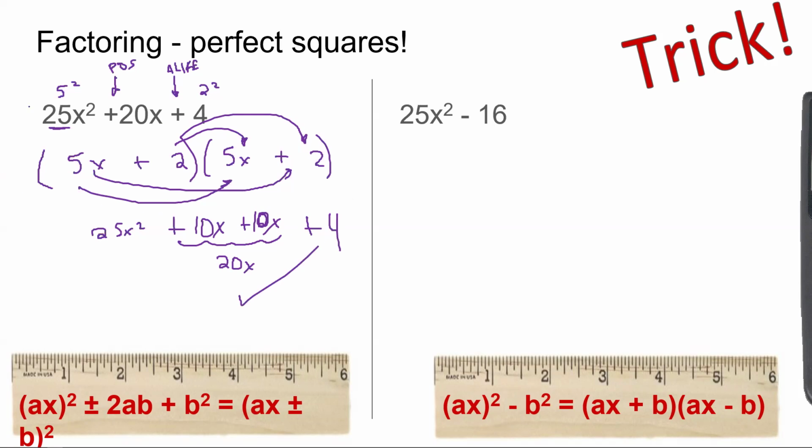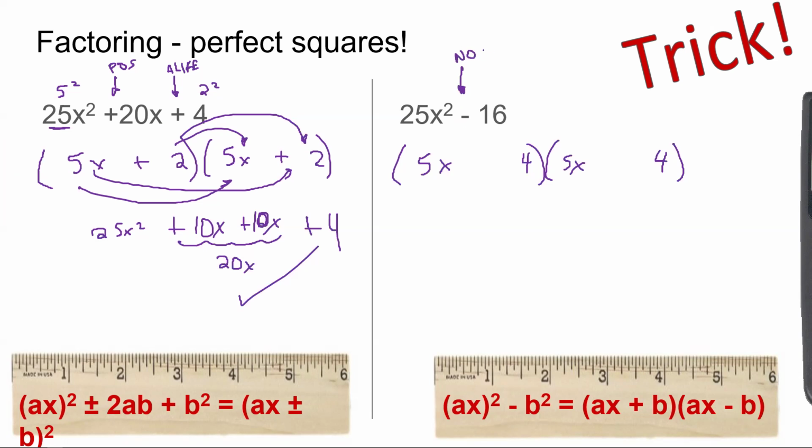Watch for perfect squares. When you see them, like in this problem right here, it's a pretty good bet that you've got a 5x and a 5x for the first times the first, and a 4 times a 4 for the last times the last. And then all you have to do is figure out the signs. Now, this one doesn't have a middle term, so that's another tell on this one. That's another trick to watch for.